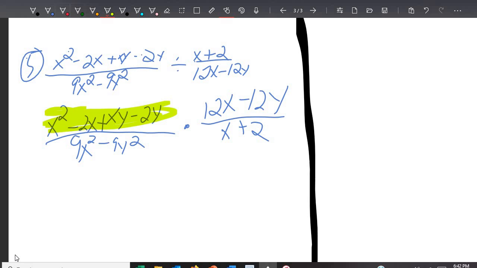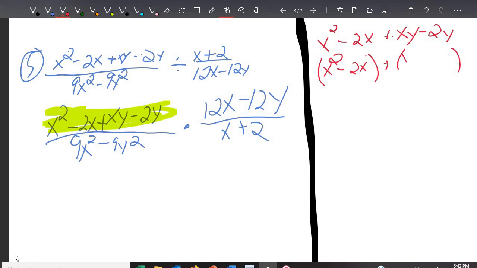So we'll come over here, and I'll rewrite it. X squared plus 2x, minus 2x plus xy minus 2y. Okay, so I'm going to put the first 2 terms in a parentheses, and the second 2 terms in the second parentheses.